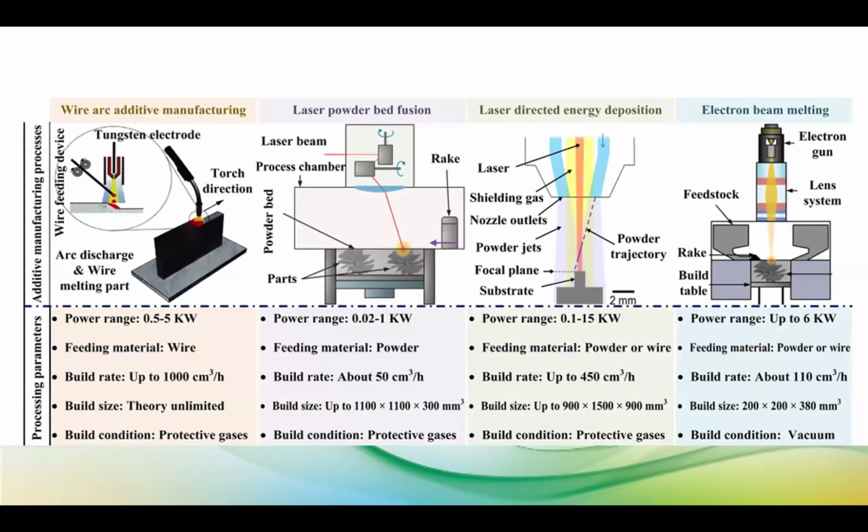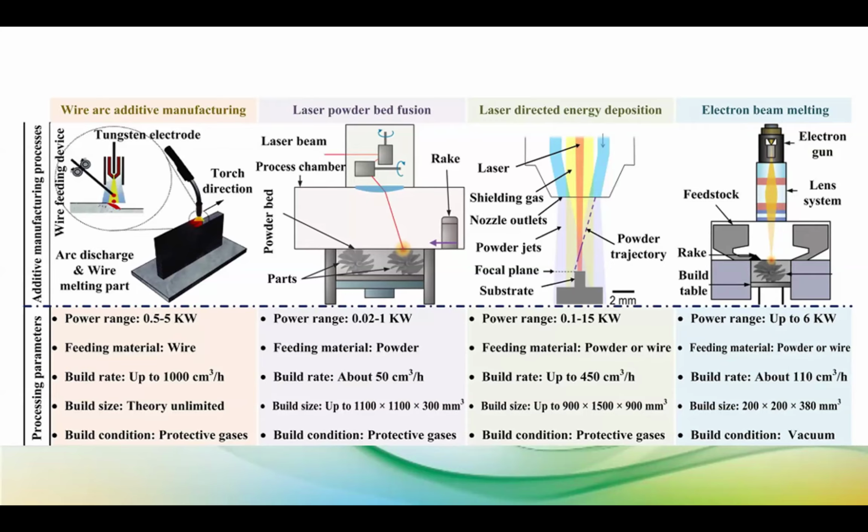Normally, in this method, an electric arc, it can be a welding torch also, is used for melting a material, and those metal drops will be collected on a substrate, and drop by drop, this particular object will be created.